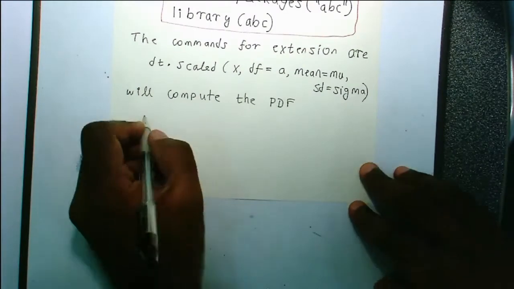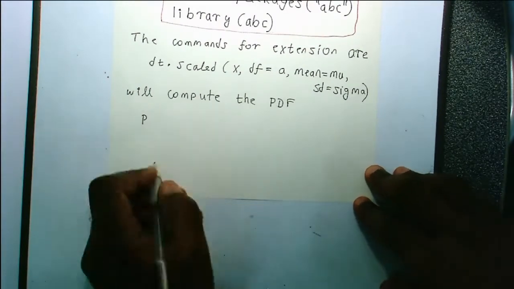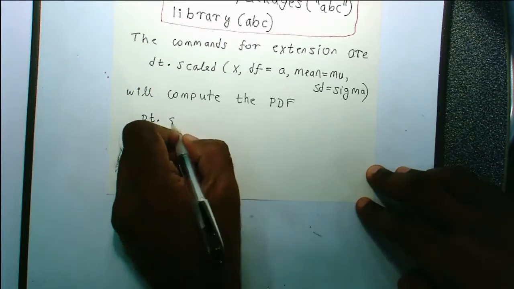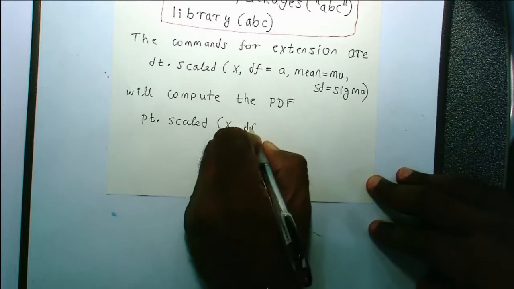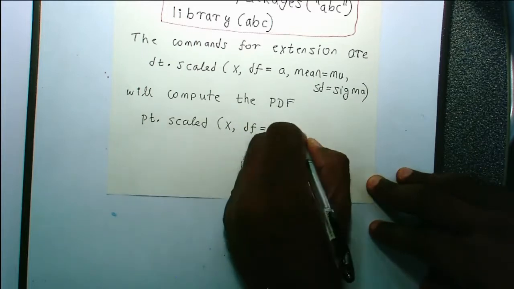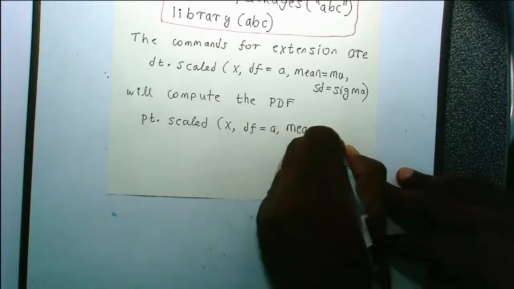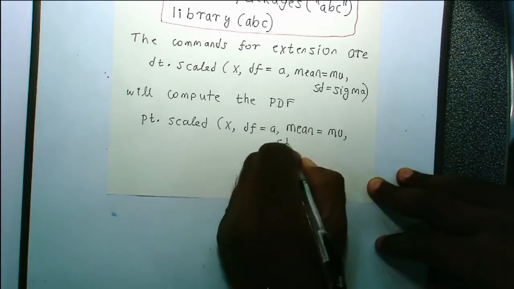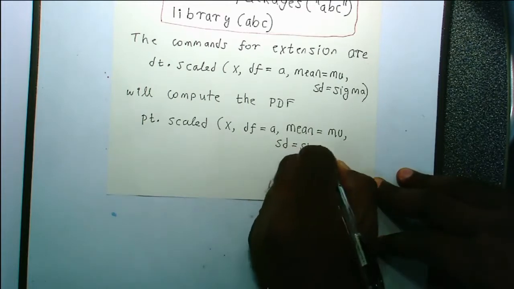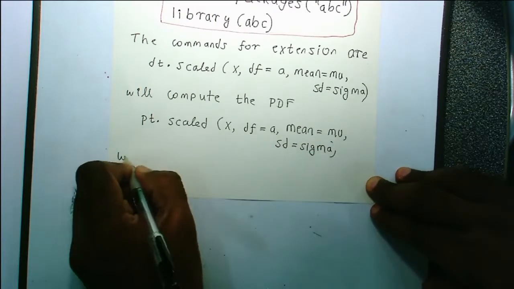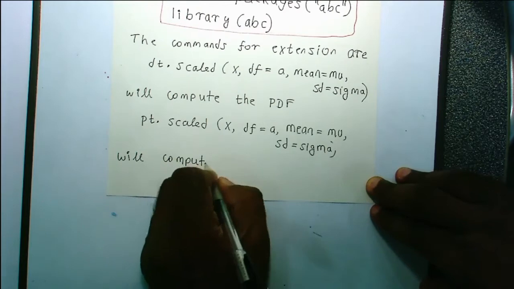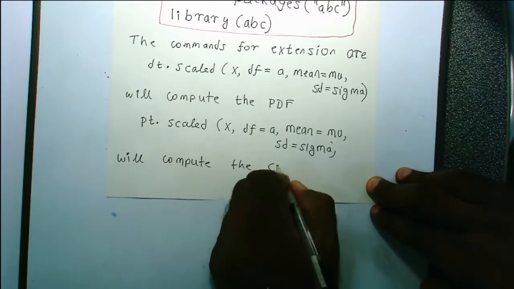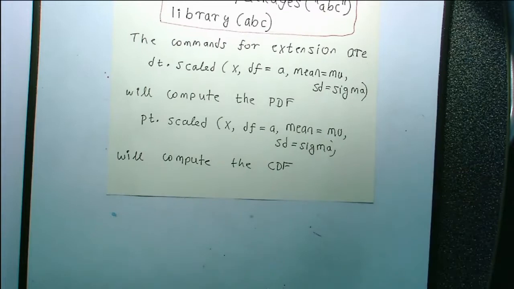And the following command, pt_scaled: you replace d by p. pt_scaled(x, df = a, mean = mu, sd = sigma) will compute the CDF.